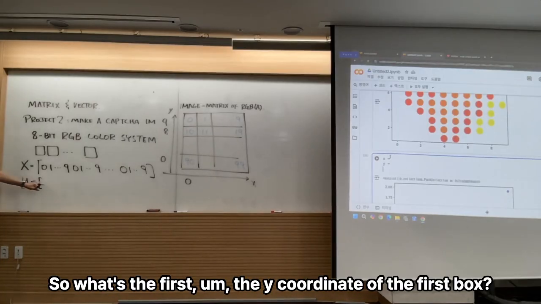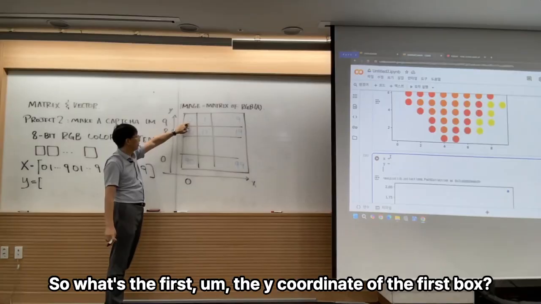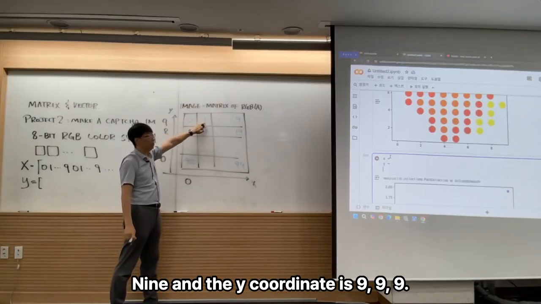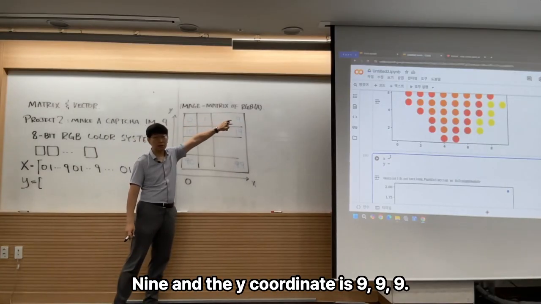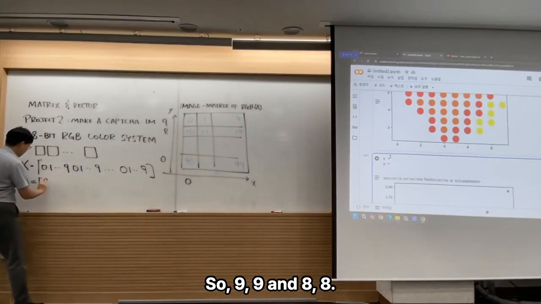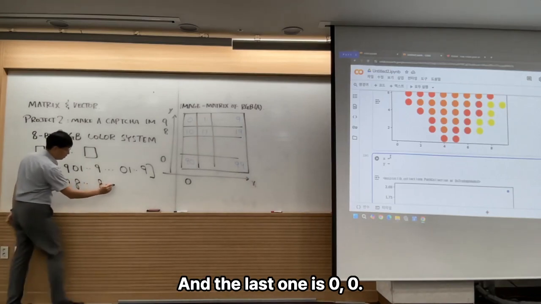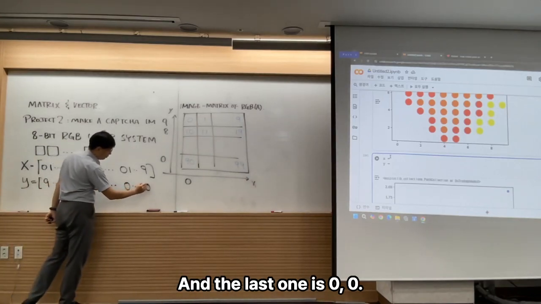What's the y-coordinate of the first box? 9. The y-coordinate is 9, 9, 9, 9, and then the next ones are 8, 8, 8, right? So 9, 9, and 8, 8, and the last ones are 0, 0.